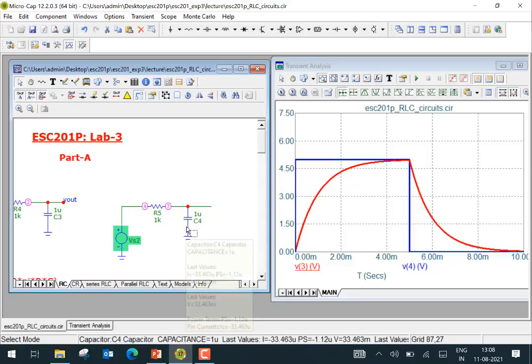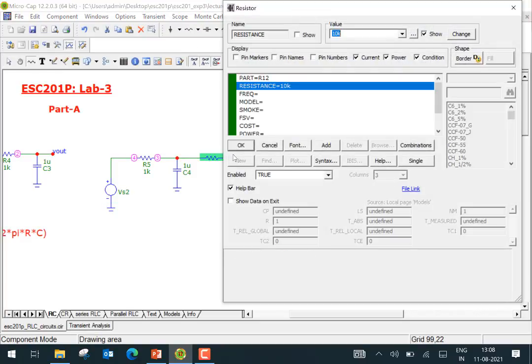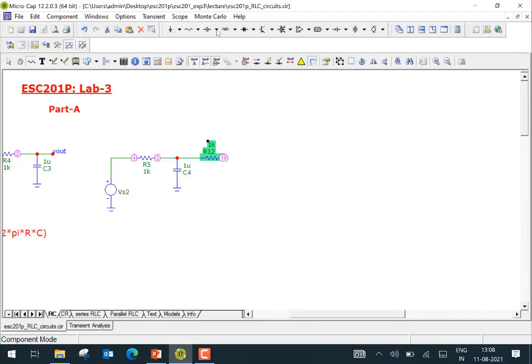If you wish, you can add more resistors and capacitors and see what is happening in the circuit. For example, let's add another section here. That's also 1K. You can check whether it is also exponential charging or what exactly is happening.